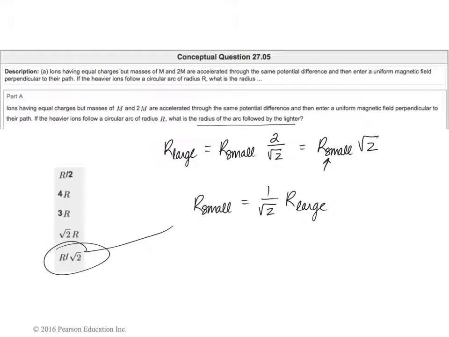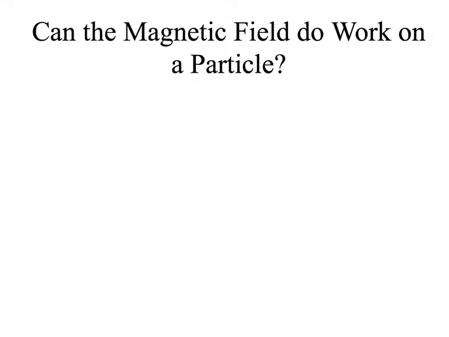Now, the next thing I want to do is talk about whether the magnetic field can do work on a particle. Just reminding us, work is the dot product of force times displacement, or for a small displacement, we can write an increment of work is equal to the force dotted with the small displacement.